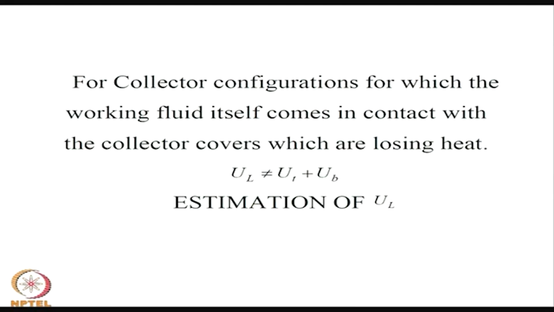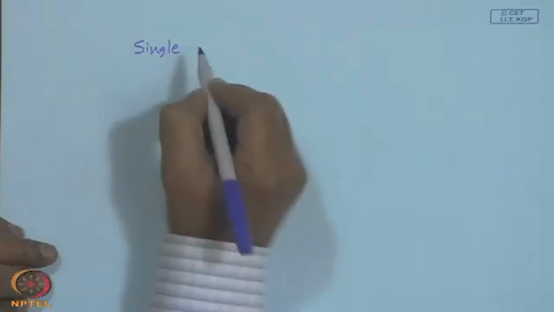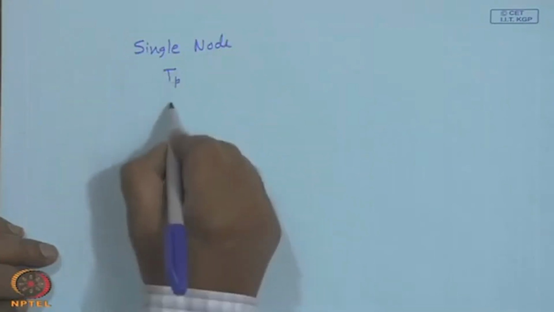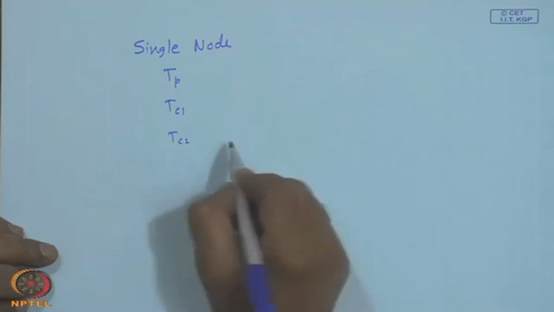So, having done these things, what did we do? We assumed a single node T_p, T_c1, T_c2.